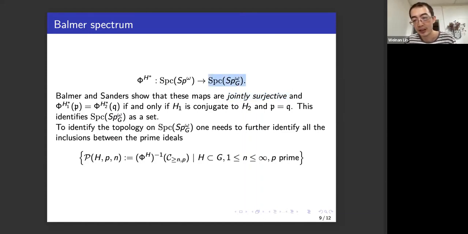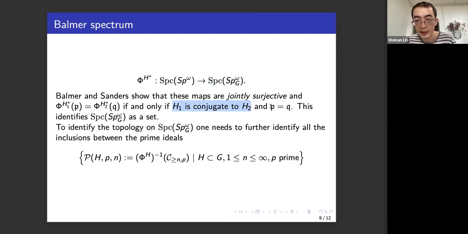But one of the problems is that you have to identify different images as identical images. Here is what Balmer and Sanders show: P and Q are mapped to the same thing if and only if those two subgroups are conjugate.